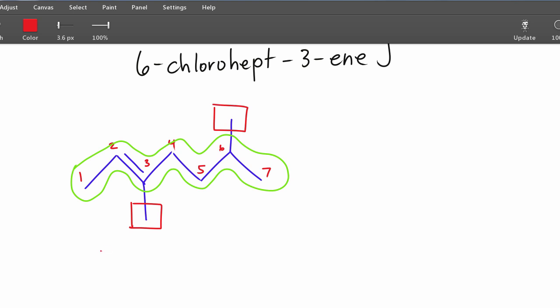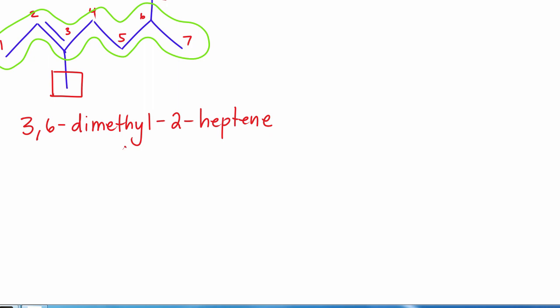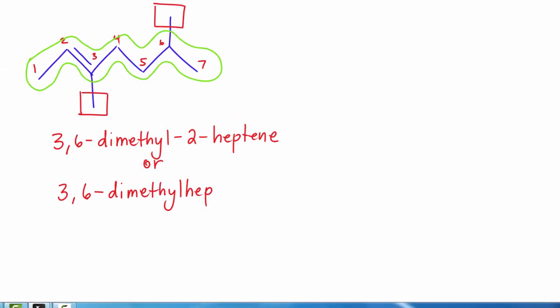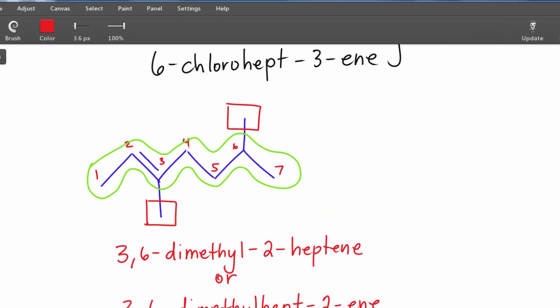So I can name this 3,6-dimethyl-2-heptene, or 3,6-dimethylhept-2-ene. I can use that notation. Either is acceptable.